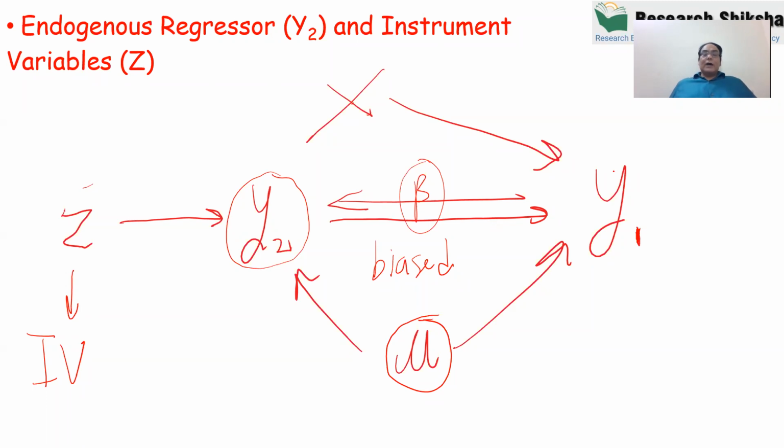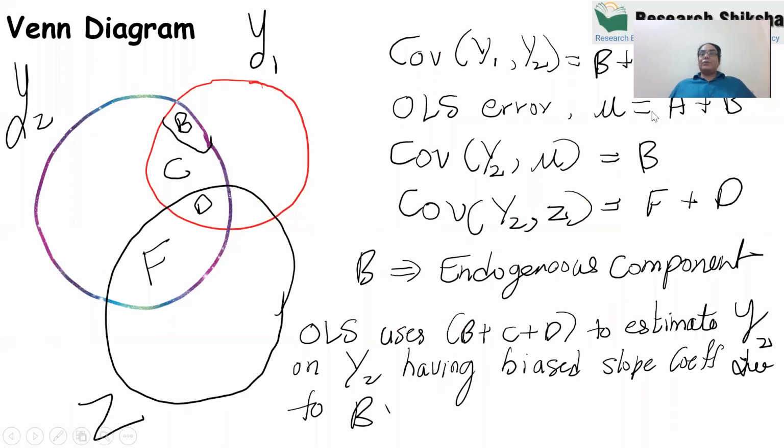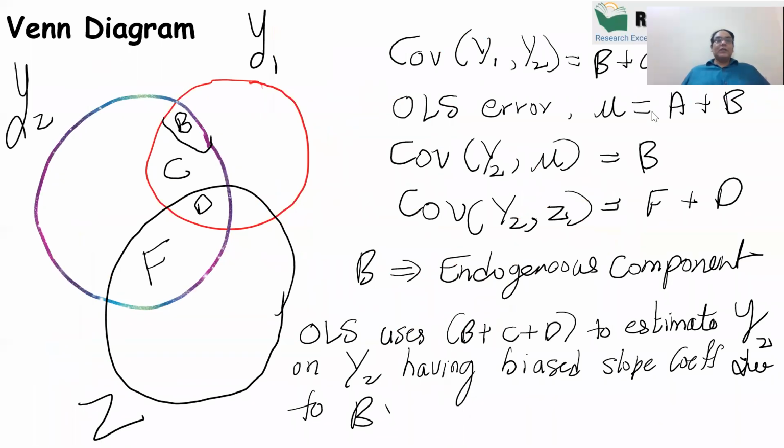Okay, so before going to the two stage least square, I'm going to show you one thing which I hope explains the concept very well. Now in this case, you can see that suppose this is my dependent variable y1, this is my independent variable, but actually that is endogenous y2, and this is my z, so all these are the intersections between the three variables.